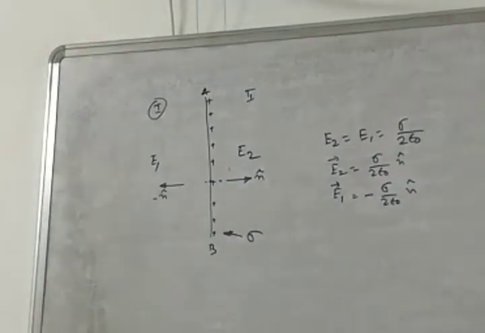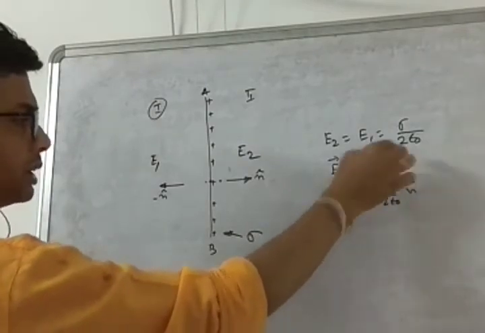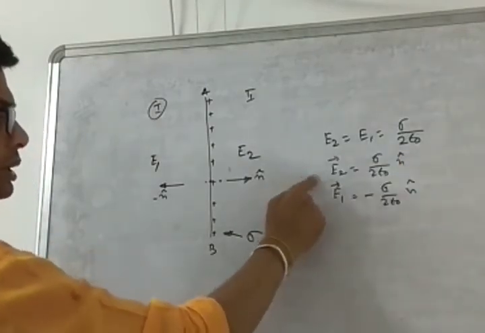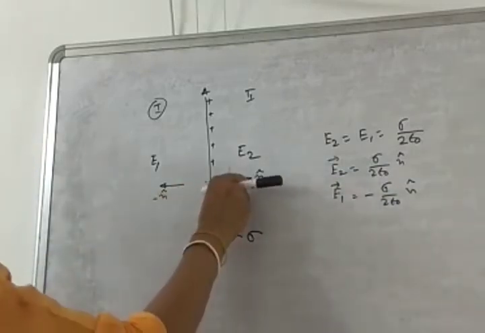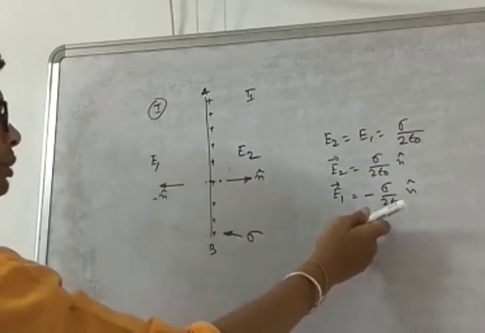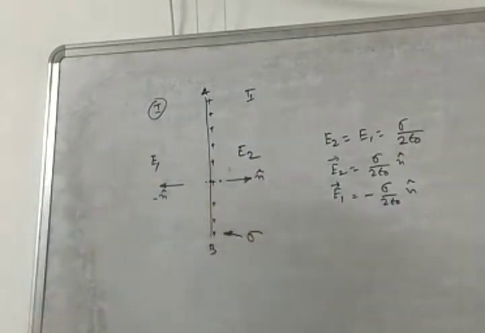This is simple. So E2 is sigma by 2 epsilon naught magnitude, and this is the unit vector. This gives us a total vector. So E2 vector is equal to sigma by 2 epsilon naught n hat. And E1 is the same sigma by 2 epsilon naught, but this is out of this direction, so minus n hat.